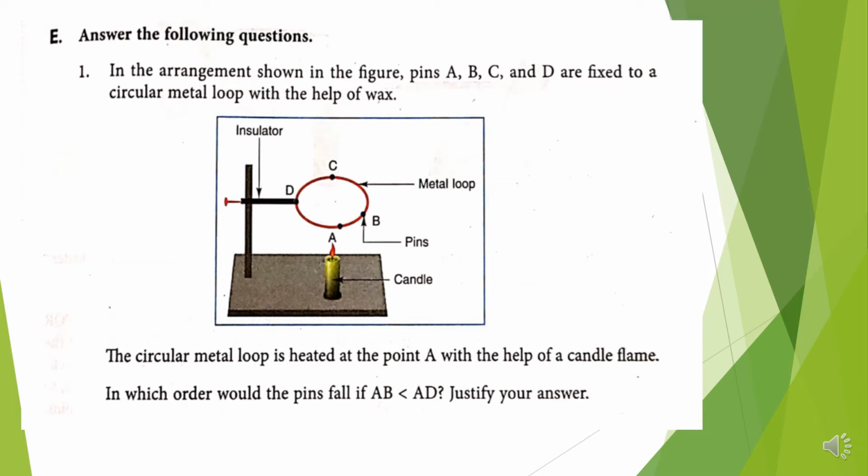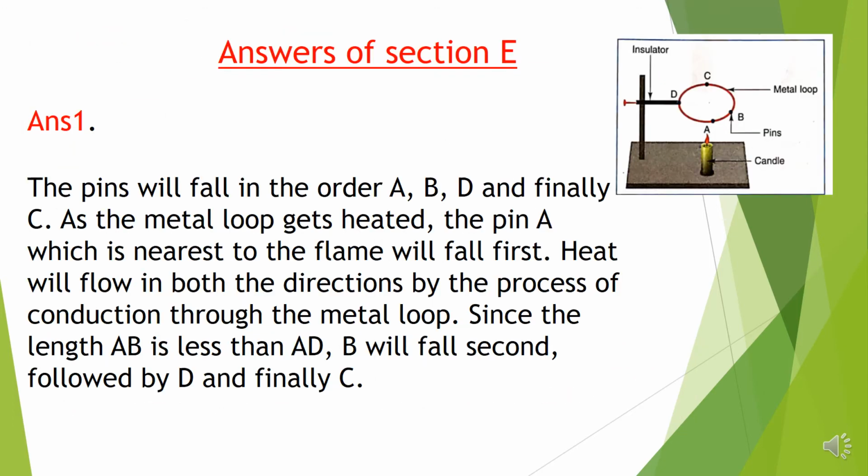The circular metal loop is heated at the point A with the help of a candle flame. So the question is, in which order would the pins fall if AB is less than AD? So we have to justify our answer.